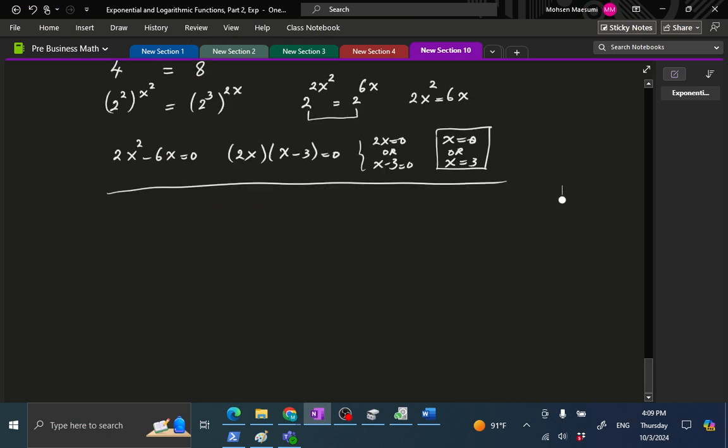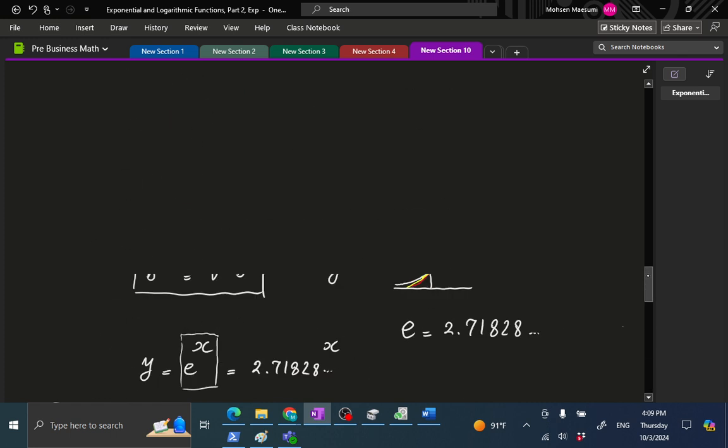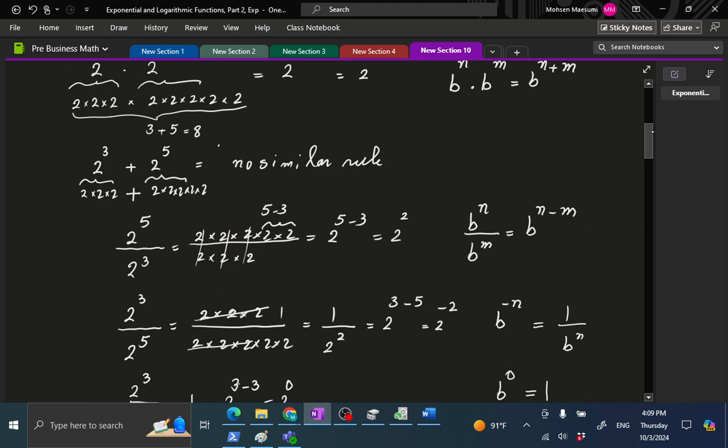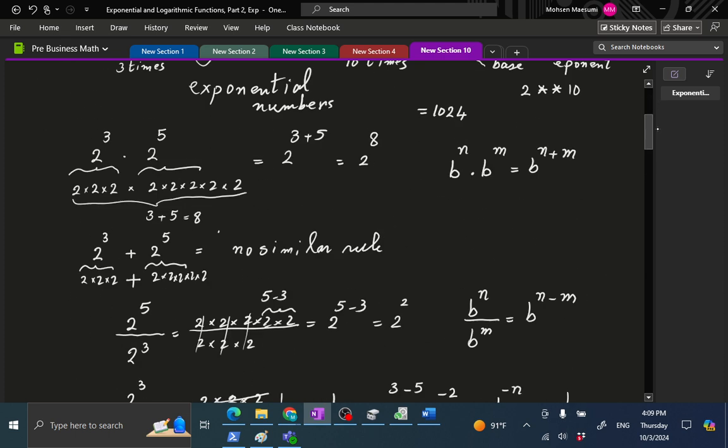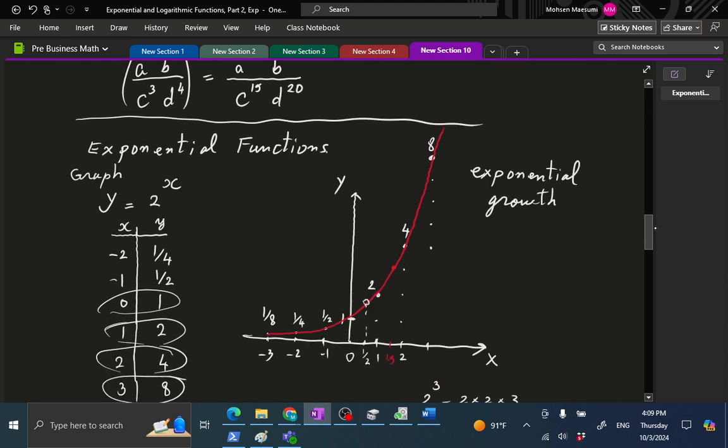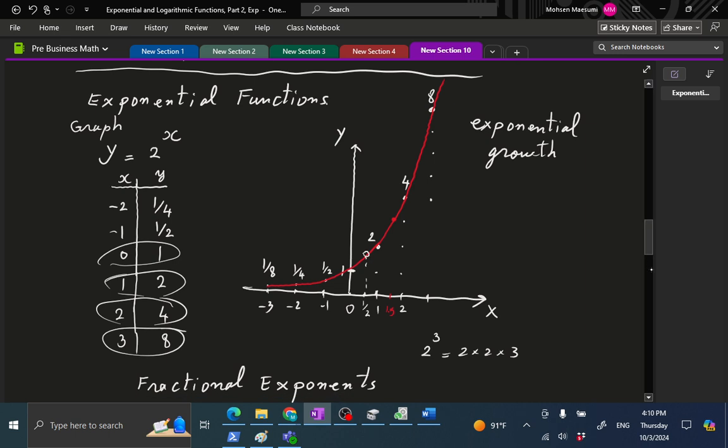Okay, let's go ahead and do some practice on graphing. Suppose we want to graph y is equal to 5 halves to the power of x. Well, we have done graphing in general. So the idea of graphing is the same.